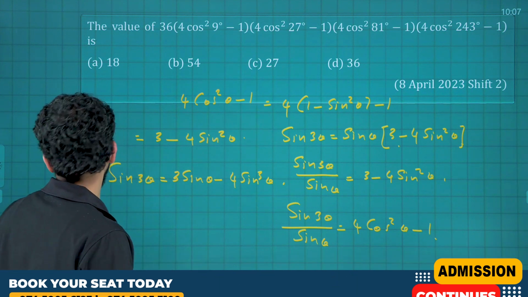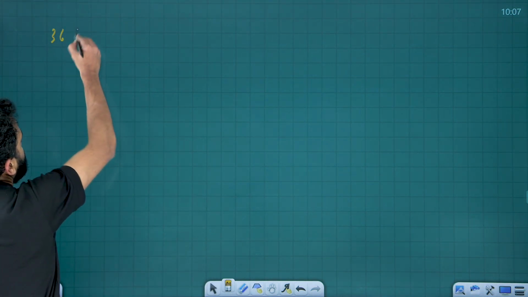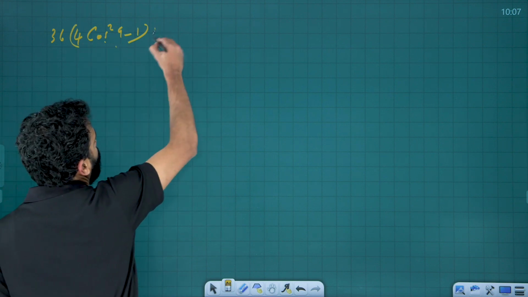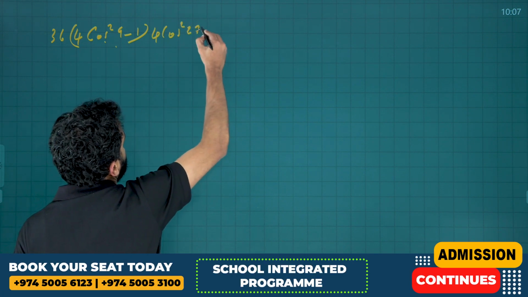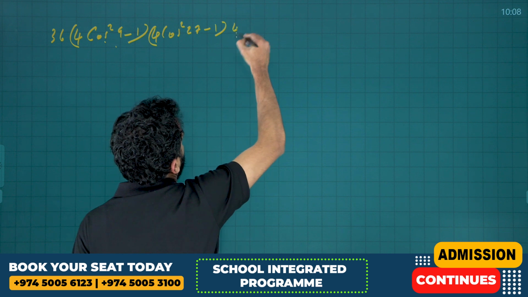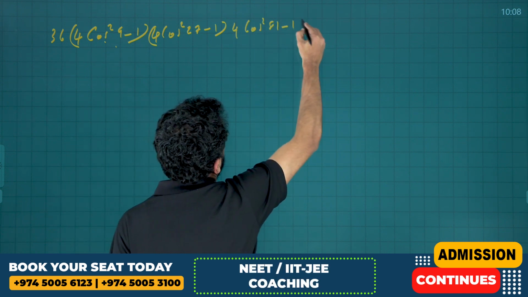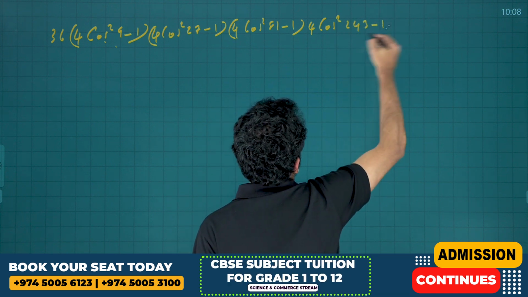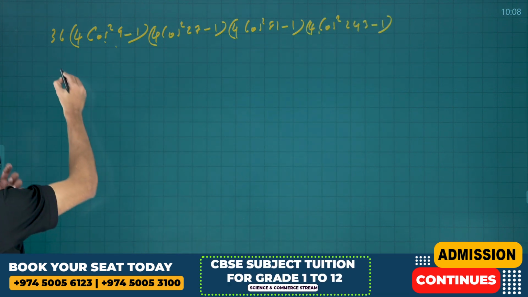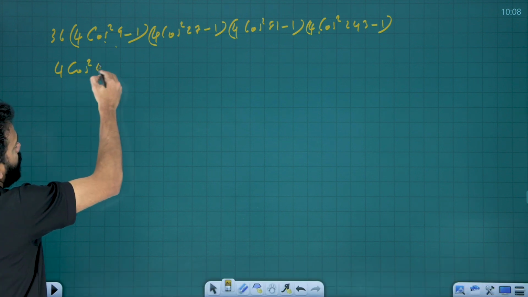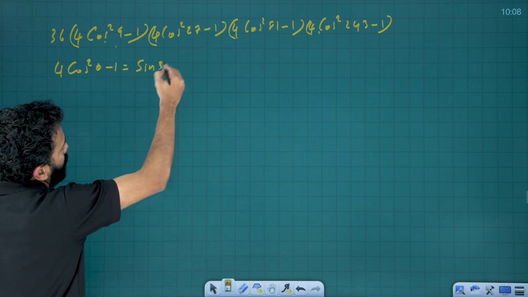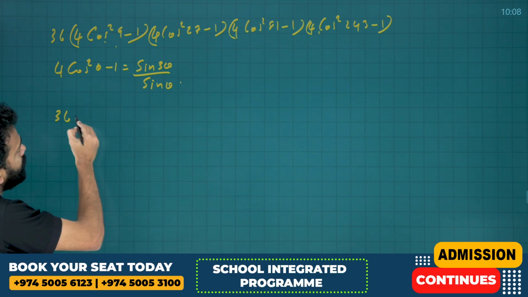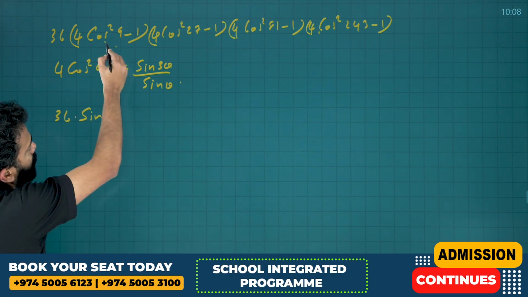That is 36 into (4 cos square 9 minus 1), (4 cos square 27 minus 1), (4 cos square 81 minus 1), (4 cos square 243 minus 1). We already discussed that 4 cos square theta minus 1 is equal to sine 3 theta by sine theta. So this becomes 36 into sine, what is theta here?